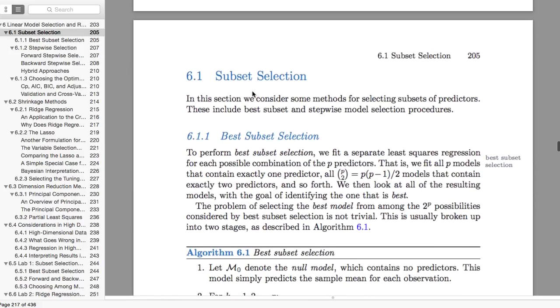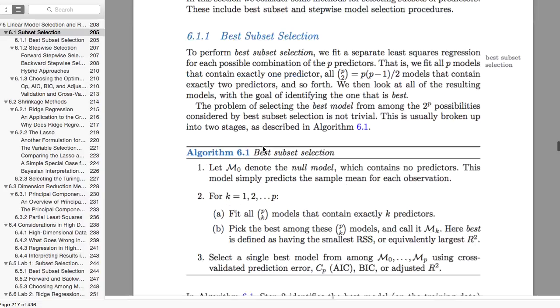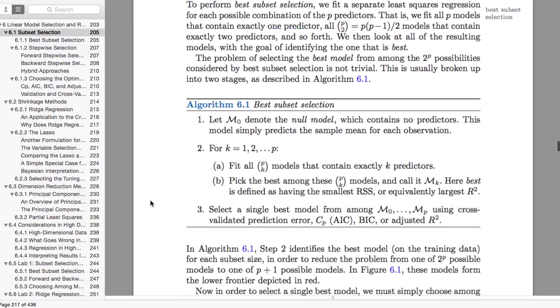When it comes to subset selection, we basically have 3, or maybe you could say 4 methods that we're going to look at. And then we have about 3 or 4 criteria that we're going to use to choose the best model. The first one to talk about is the most impractical one, which is best subset selection. Here's the algorithm for best subset selection. Like all of the algorithms, it's basically got two main parts.